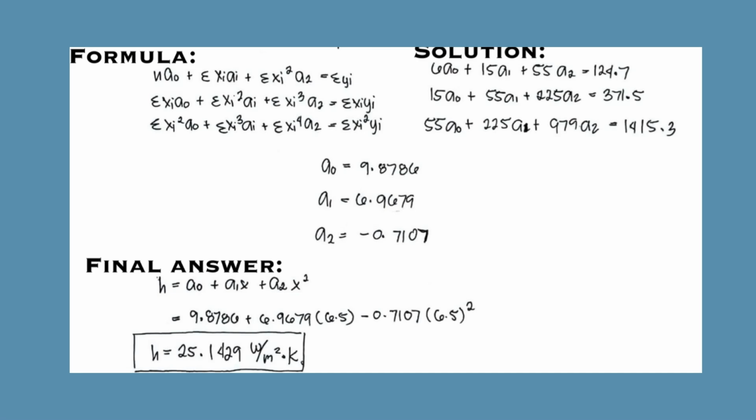And last is z, which is a sub 2, where the answer is negative 0.7107. After we find a sub 0, a sub 1, and a sub 2, we proceed to the general form of quadratic regression. To find the quadratic regression, we have h equals a sub 0 plus a sub 1 x plus a sub 2 x squared.